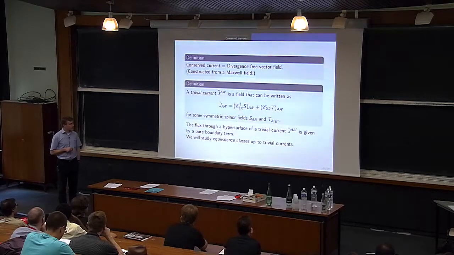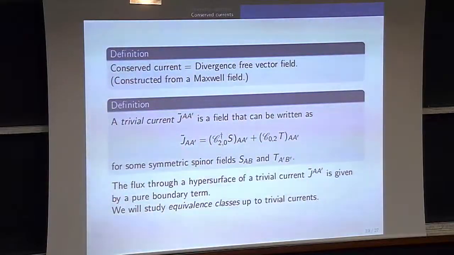There is a special class of these conserved currents, the so-called trivial currents. In my notation, this just means that they come from a curl and a curl dagger of some spinors.